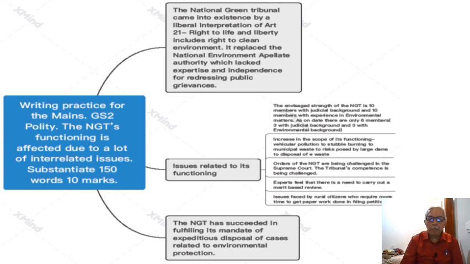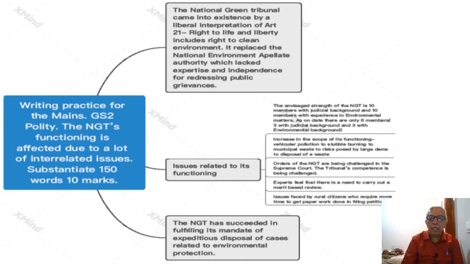You see the composition of the National Green Tribunal. The envisaged strength of the National Green Tribunal is 10 members with judicial background and 10 members with experience in environmental matters. So this is the envisaged staffing pattern of the NGT.